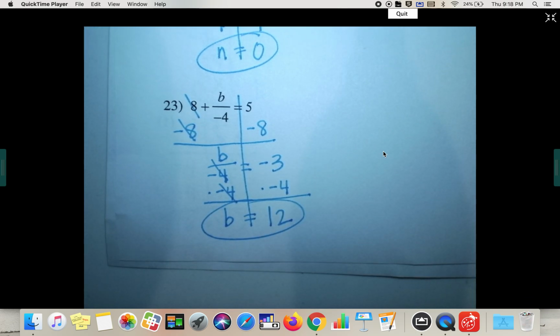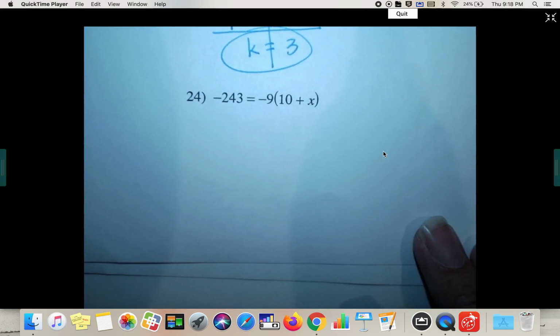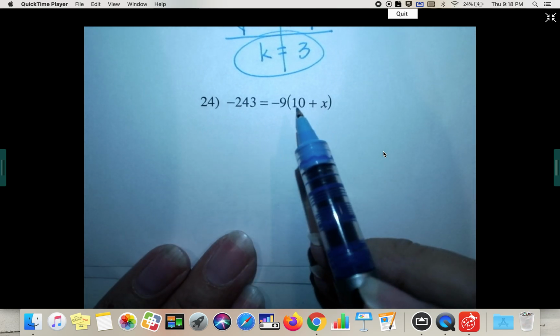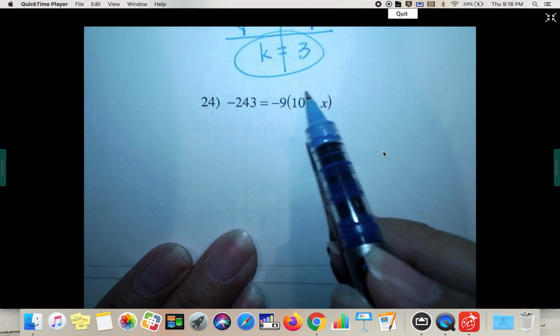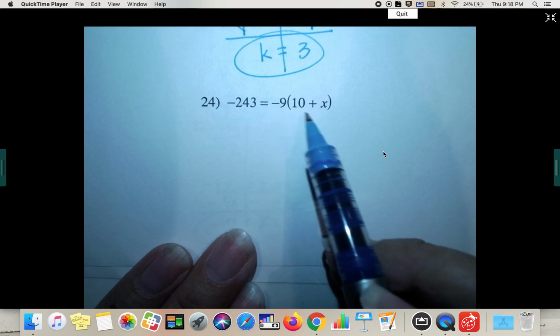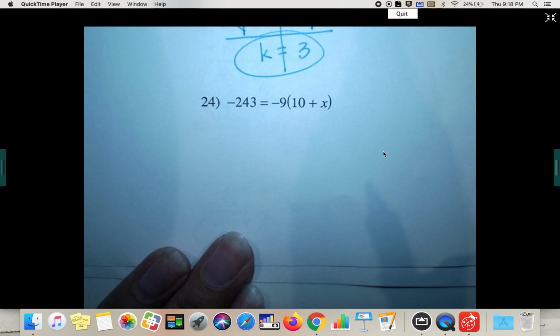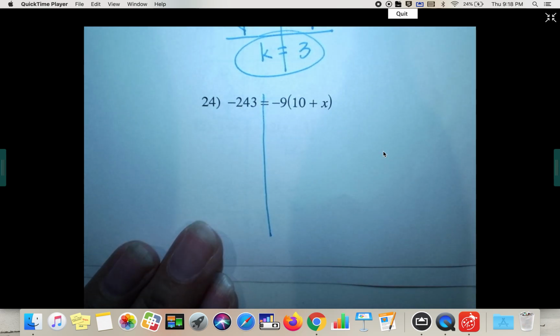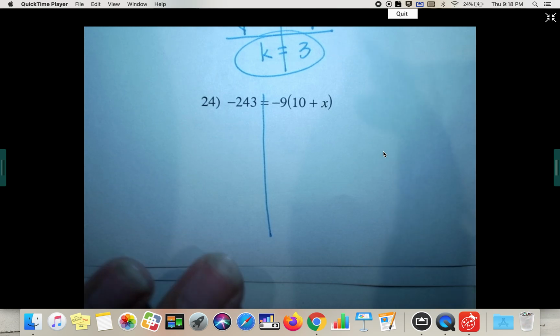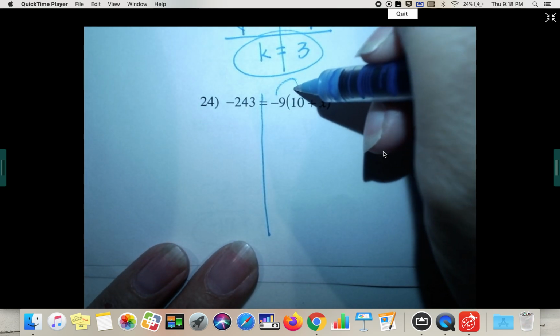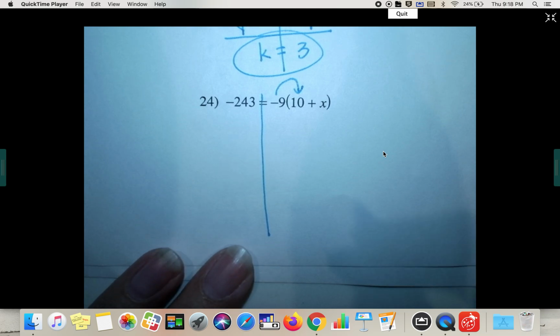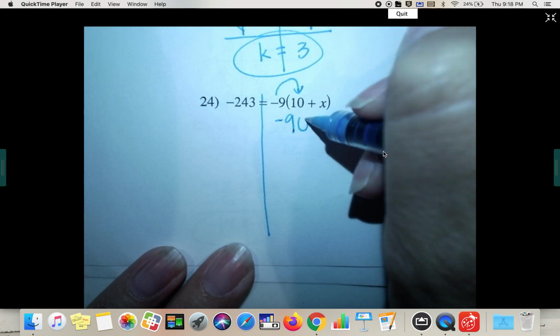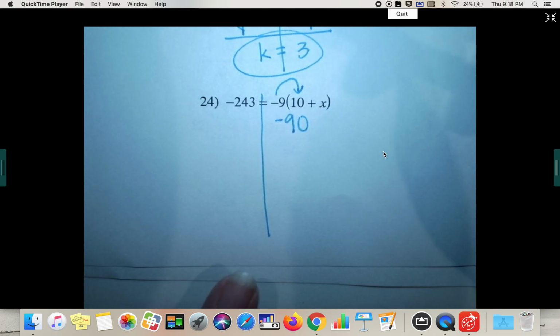All right, guys, last one. Looks like it is a number being multiplied by a group. So again, you can go ahead and divide by negative 9 if you want, or you can distribute. Let's practice distributing. Either way, we'll get the same answer. So negative 9 times 10 is negative 90. This one's a little tricky here.